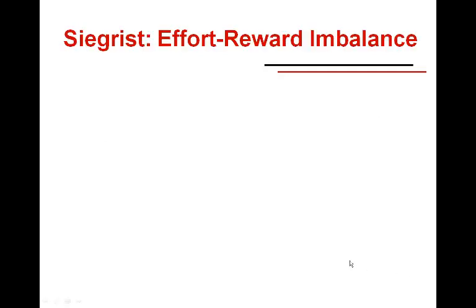There are other models of workplace psychosocial stressors, and one of those that is less popular but has been studied a fair degree is Siegrist's effort-reward imbalance. And here the construct is basically trying to capture things like the degree of effort that is put into a particular job and the extent to which it matches or exceeds the amount of rewards achieved through a particular job.